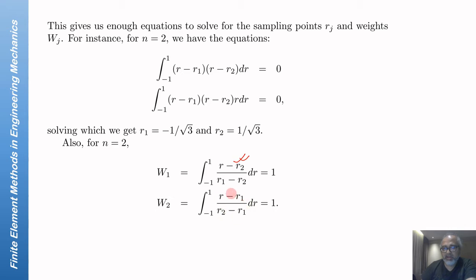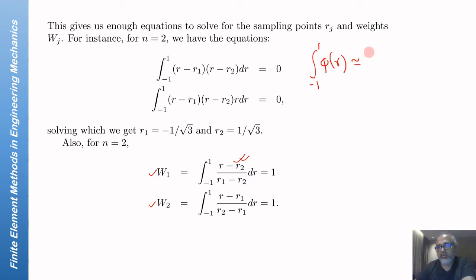This other one at r equal to r1 will be 0, at r equal to r2 will be equal to 1. So these are the two weights, and if you now integrate them from minus 1 to 1, you get 1 in both cases. So the weights are 1.